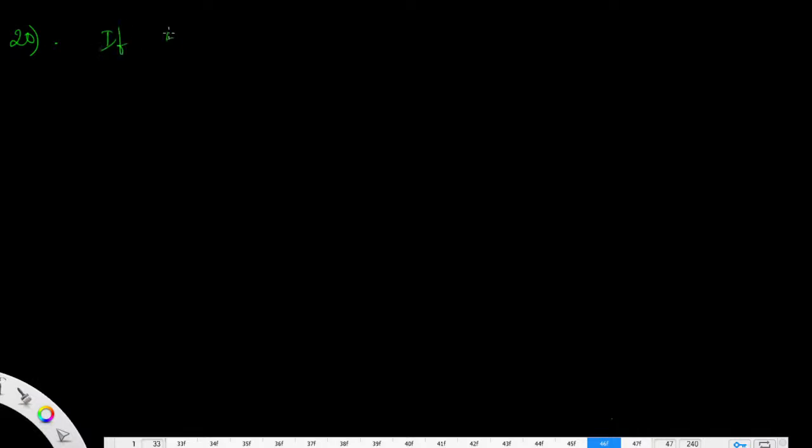If 5 cos x plus 12 cos y equals 13, then the maximum value of 5 sin x plus 12 sin y is dash.